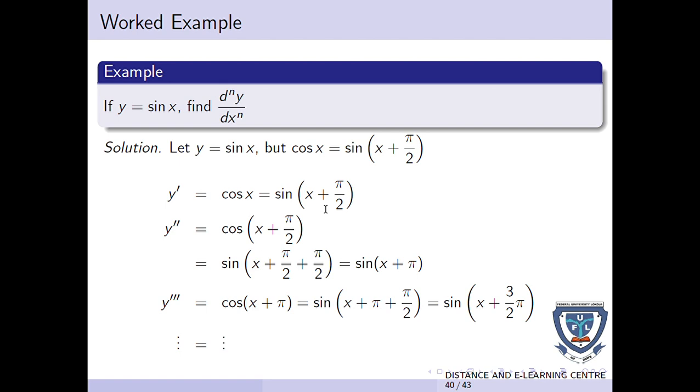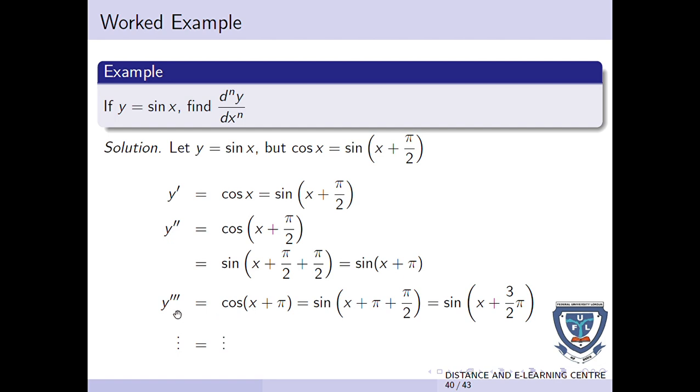We look at the first derivative. If y is equal to sine x, y prime is equal to cos x, and being periodic, that will give us sine of x plus pi over 2. The second derivative will give us cosine, but we'll change it again to sine using the periodic component, and we now have sine of x plus pi.